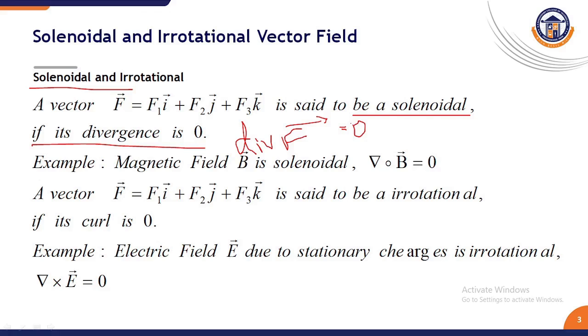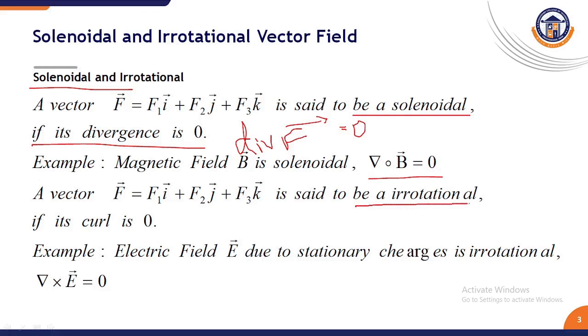The example for solenoidal vector field is del dot B vector, where B is the magnetic field vector, equal to 0. This solenoidal vector field's lines form a closed loop. There are no sources or sinks in the solenoidal vector field.